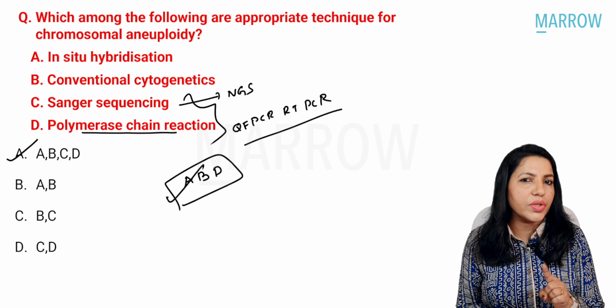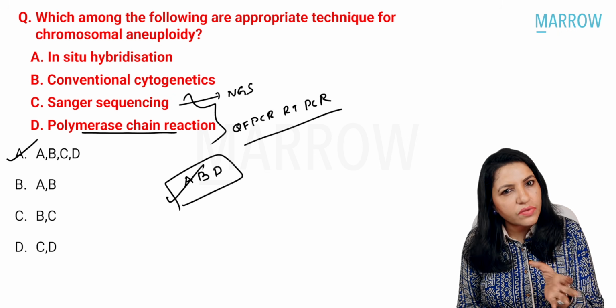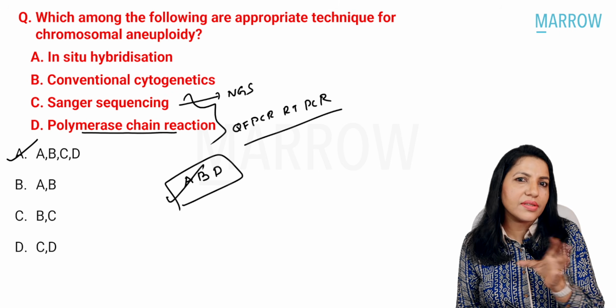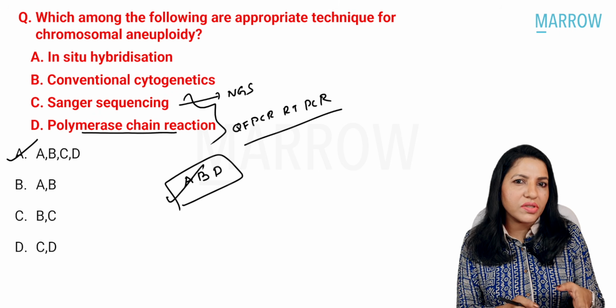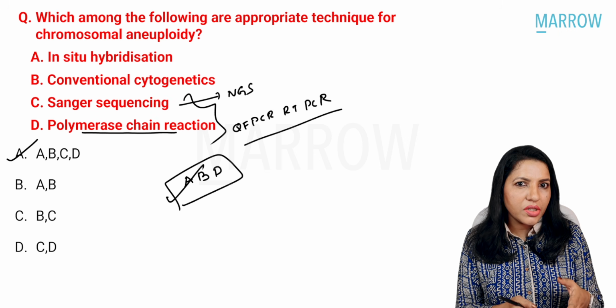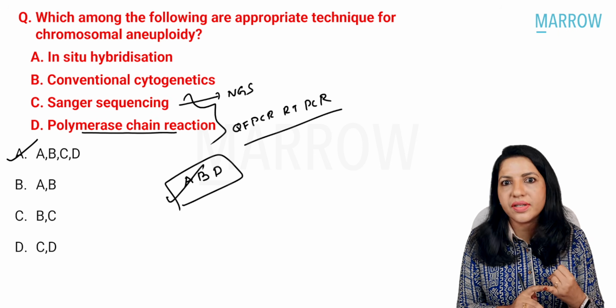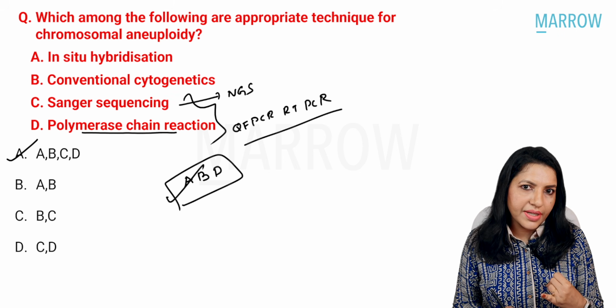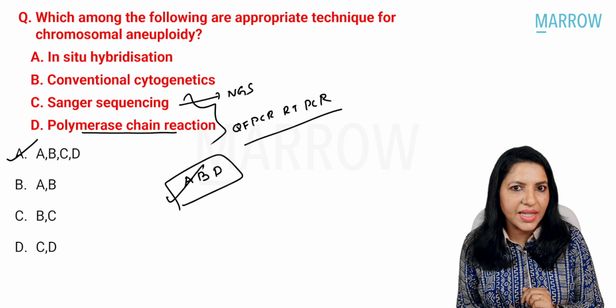Because Sanger sequencing mentioned never means that it is NGS. For NGS, we have to specifically say that it is NGS, because it is yet another technology which they have to say in the question, in the option, which is not mentioned. So if there was an option called A, B, D, I will choose that as the answer. If it is not there, then I will choose A, B, C, D as the answer.